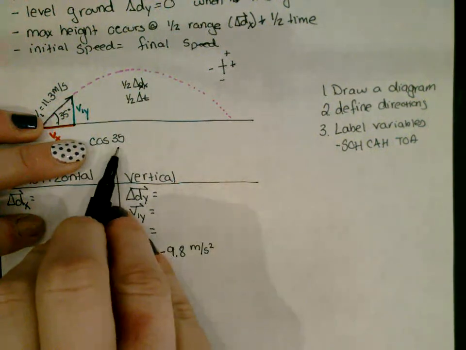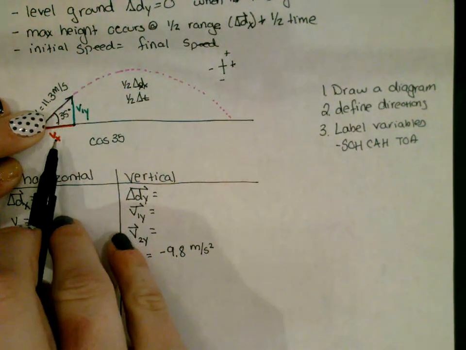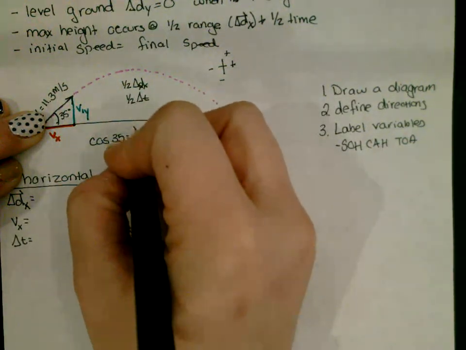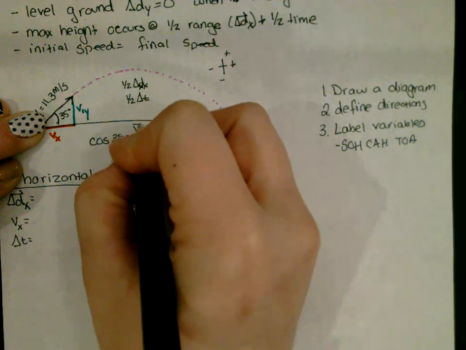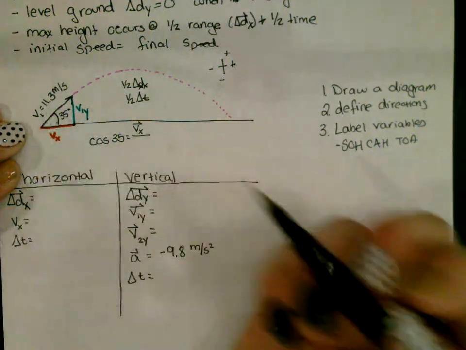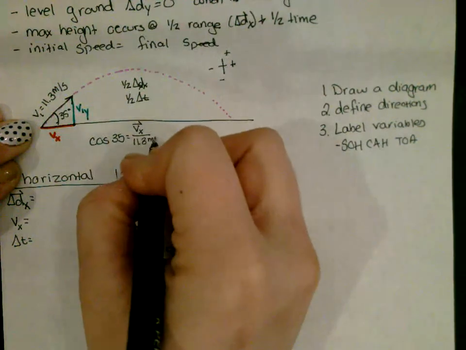My cosine of an angle is equal to adjacent, which is my x velocity, my horizontal velocity, over my hypotenuse, which is 11.3 meters per second.